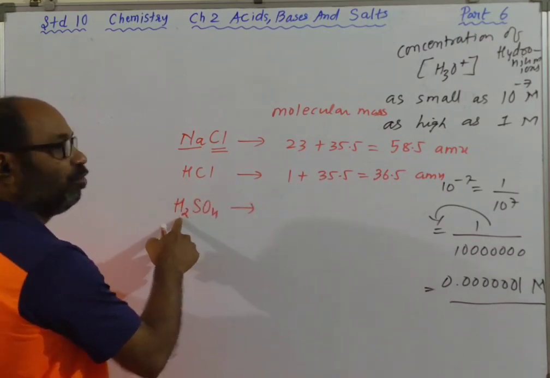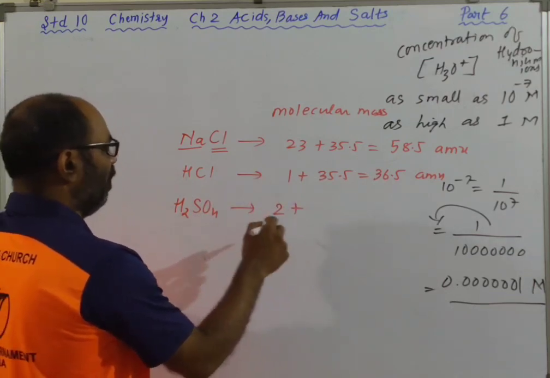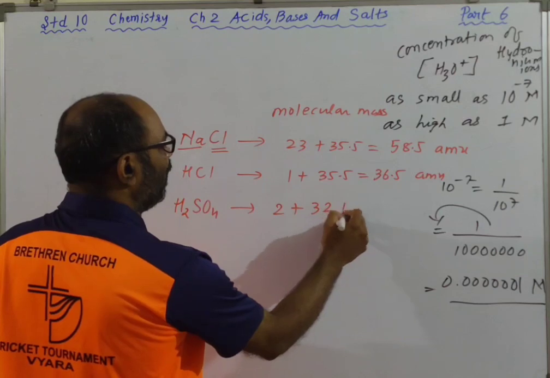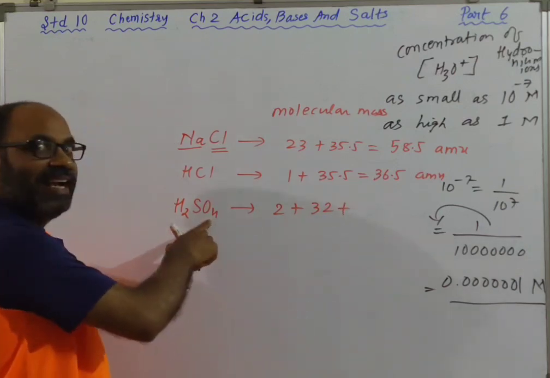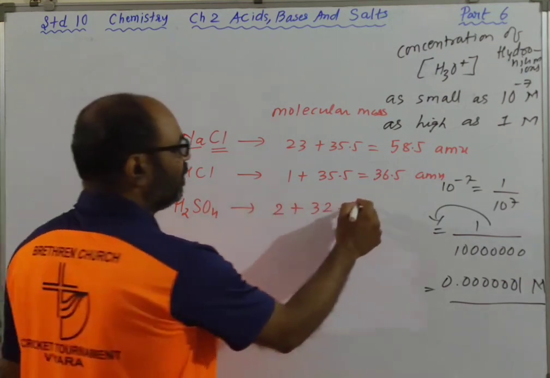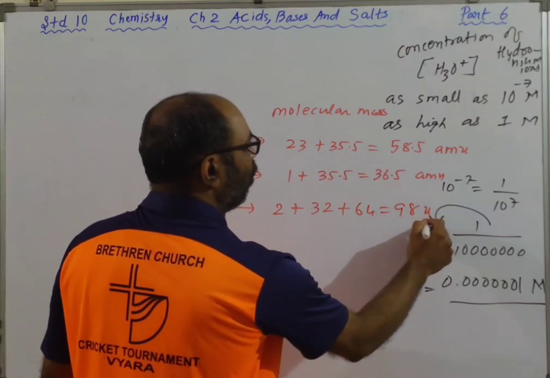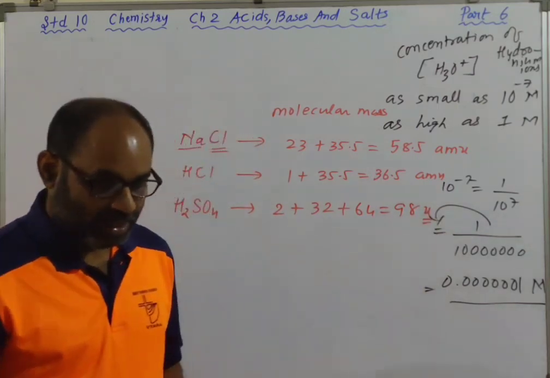H2SO4. 2 hydrogen, so 1 into 2, 2. 1 sulfur. The atomic mass of sulfur is 32. Oxygen, the atomic mass is 16, and there are 4. So 4 16s are 64. That gives you 98 unit, or you may say atomic mass unit.